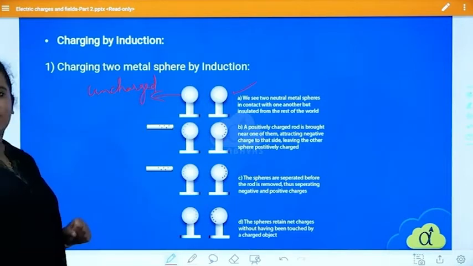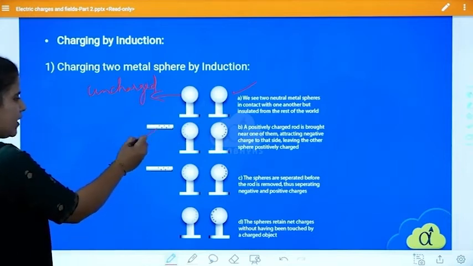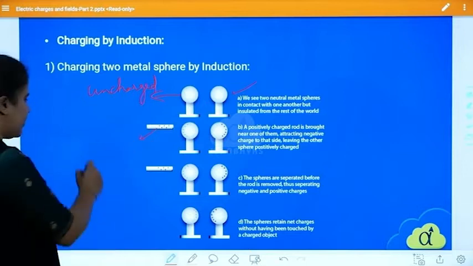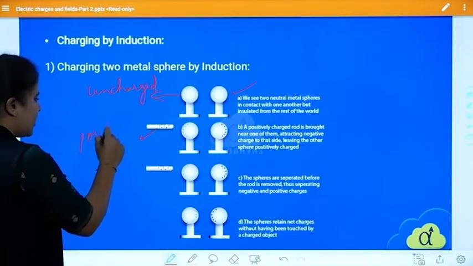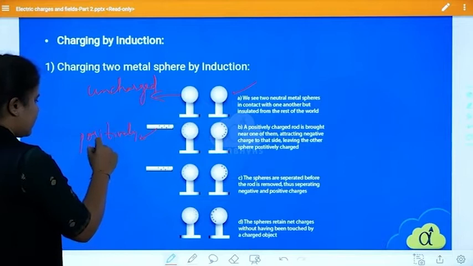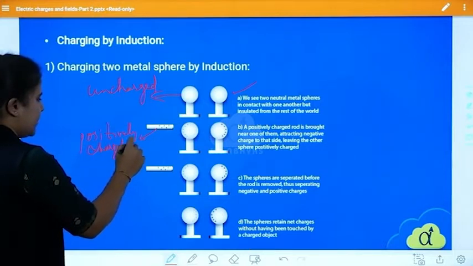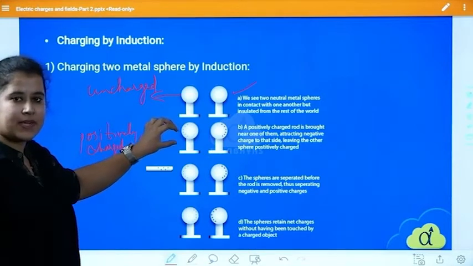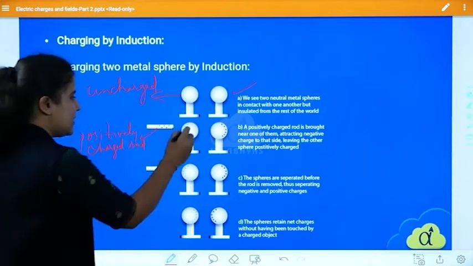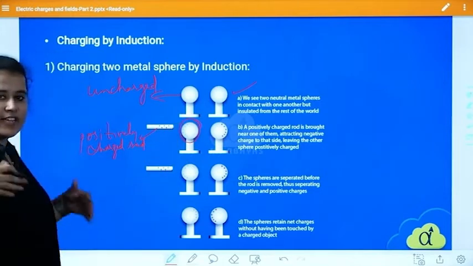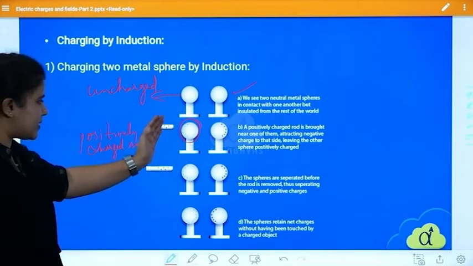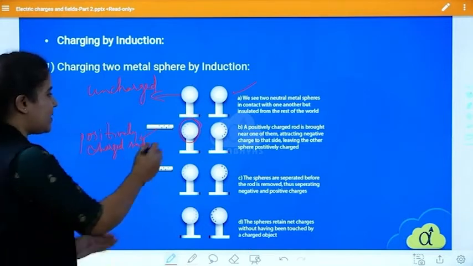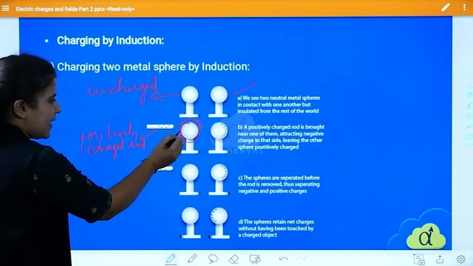Next, in the second case, I'll get a rod, which is of ebonite, you can say. I'll get a positively charged rod and bring it near the sphere. Once I bring it near the sphere, what is happening? This sphere is uncharged, but as I bring positive charges, as unlike charges attract, the negative charges come to this end.